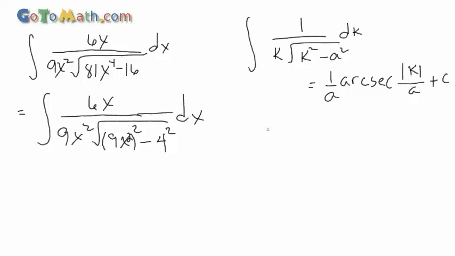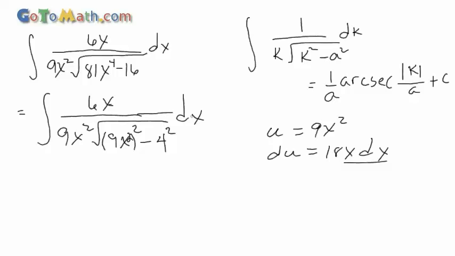I'm going to use U-substitution. Let U be the 9x squared, and then our du is 18x dx. Well, as you can see here, we have an x and a dx, but we don't have an 18, right?